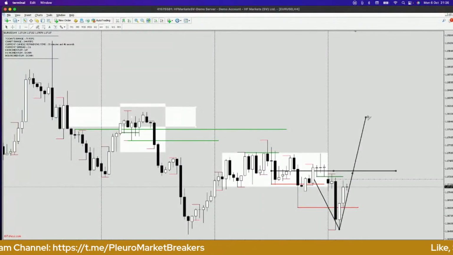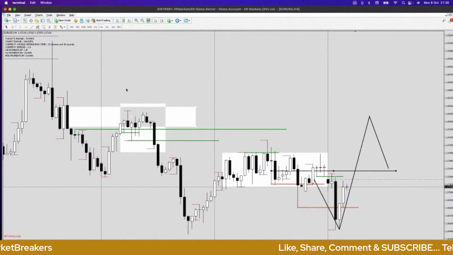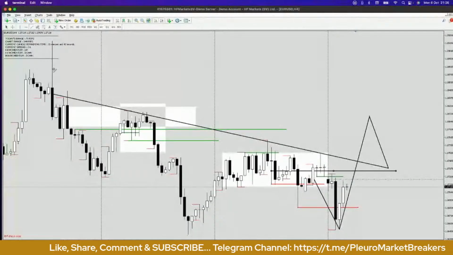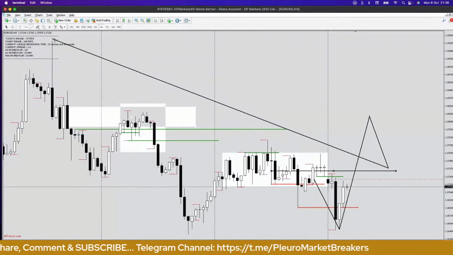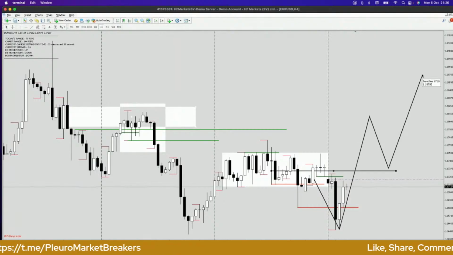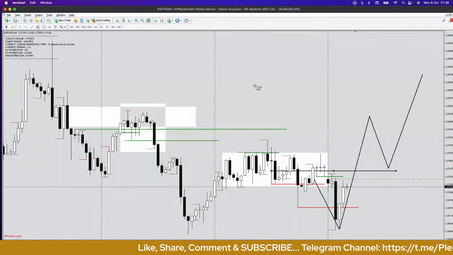Potentially come back down somewhere here and then run. Where? To somewhere here or just above there. So this is my, that's what I call my bullish hypothesis.